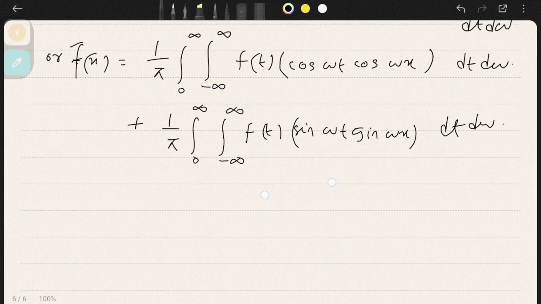Now we have two different cases, because we are discussing two cases, Fourier sine integral and cosine integral.